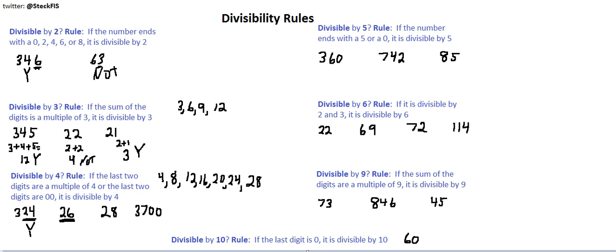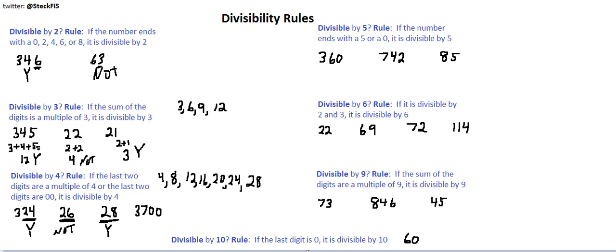So 26 is not divisible by 4 because 26 is not a multiple of 4. Now if we come to the next number, 28, even if there are only 2 digits, that's enough. We look to see, are those 2 digits a multiple of 4? We look over at the list we just created. 28 is on the list. So yes, 28 is divisible by 4.